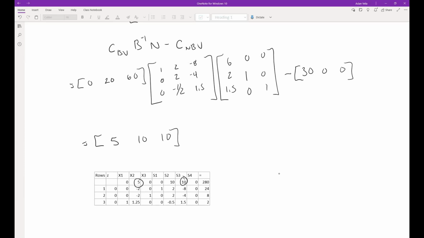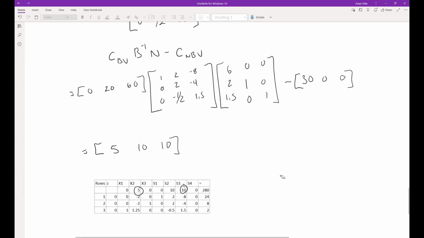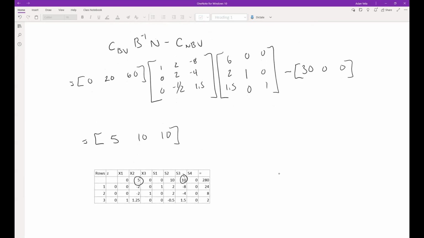All right. So moving forward, we're going to call this new row, after the equivalent elementary row operations that we apply, C bar.